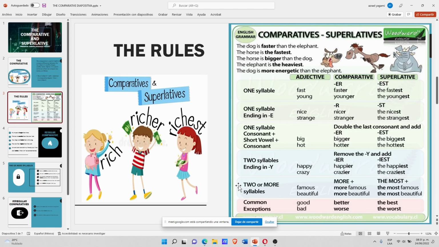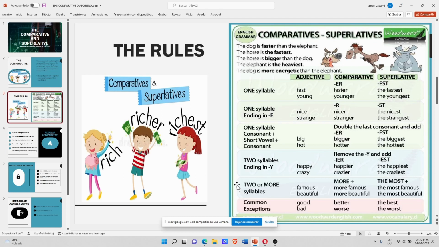When we use an adjective of two syllables ending in Y, for example happy, we need to use er, but the Y changes.